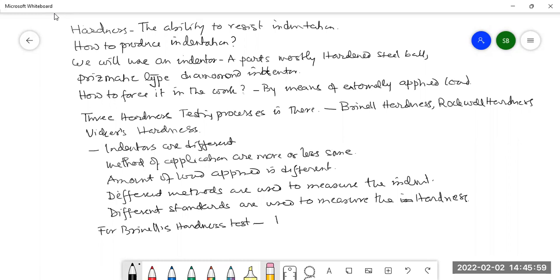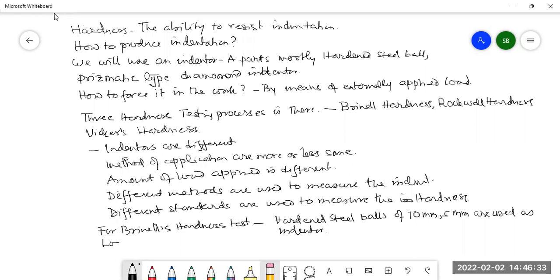Hardened steel balls of 10 millimeter or 5 millimeter are used as the indenter and nothing else.